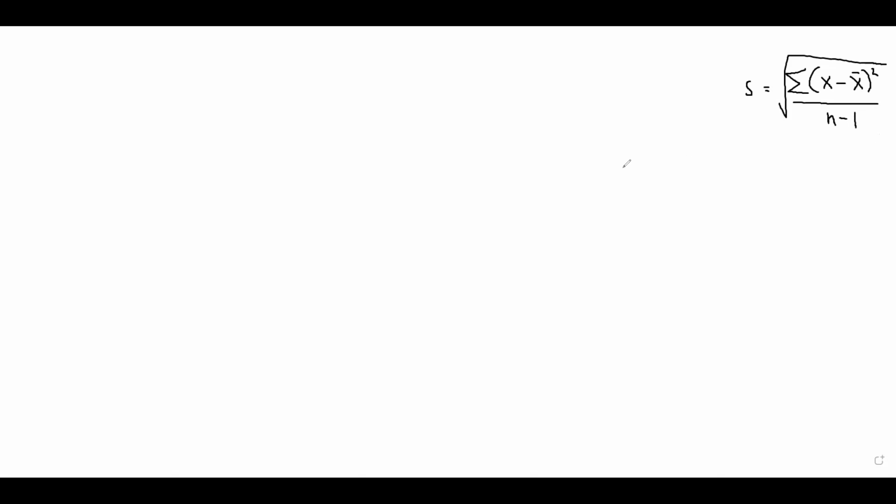And then extract the square root, and that's how we produce the so-called standard deviation: the spread of sample elements around the center, around the sample mean. So my goal right now is to justify why this formula makes sense.